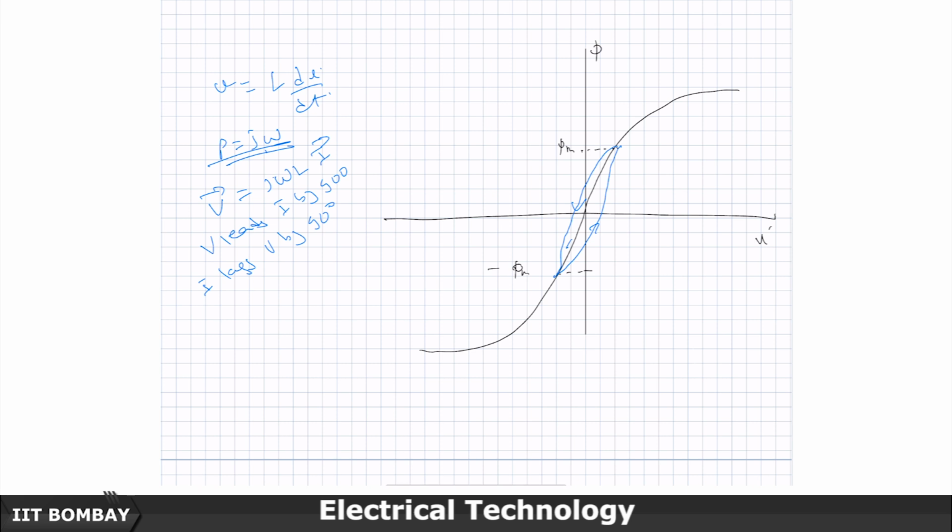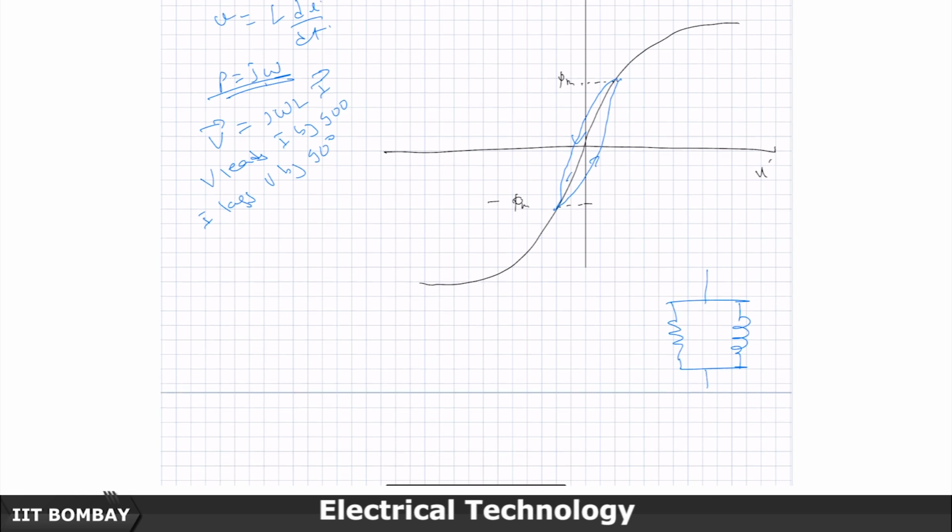And if you remember, in the equivalent circuit also we had shown this. Of course, there is eddy current also to be accounted for, which I am not worried about right now, but we had shown this as jXm and this as Rm.